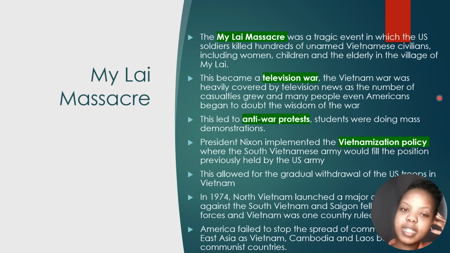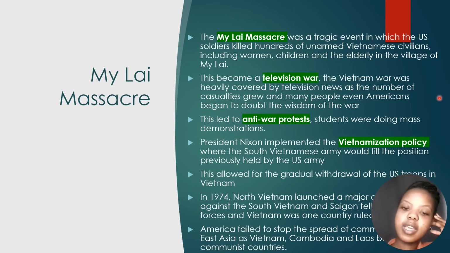I hope that makes sense. So President Nixon implemented the Vietnamization policy, where the South Vietnamese army would fill the position previously held by the US Army. This allowed for the gradual withdrawal of the US troops in Vietnam. In 1974, North Vietnam launched a major offensive against South Vietnam, and Saigon fell.